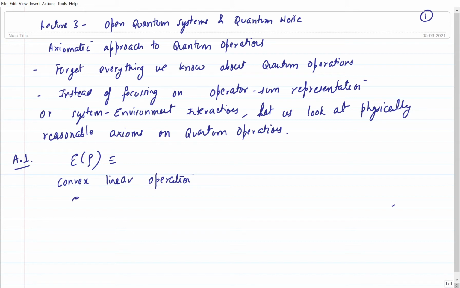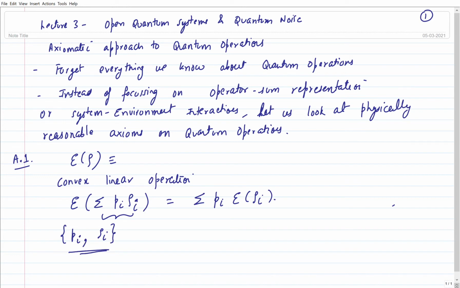And by that I mean I have a quantum operation taking a density matrix, which is really a convex sum of the constituent density matrices. Both these should be equivalent. So this is such a map where I have the set of density matrices rho i occurring with probability p_i, and such a map which satisfies this condition is called a convex linear map.